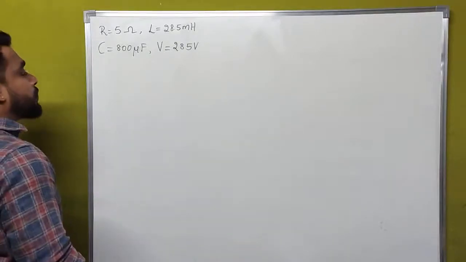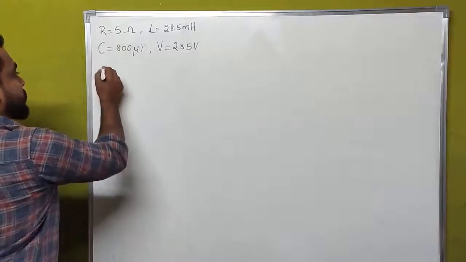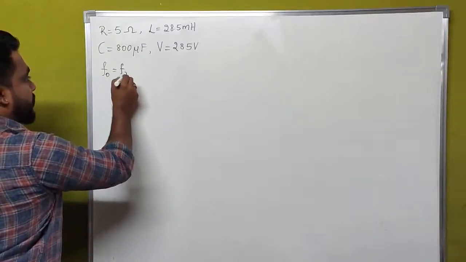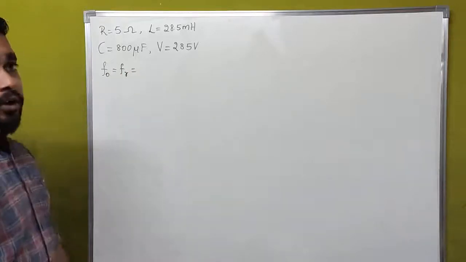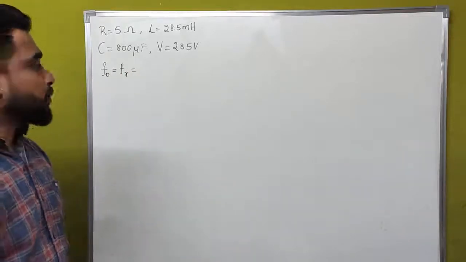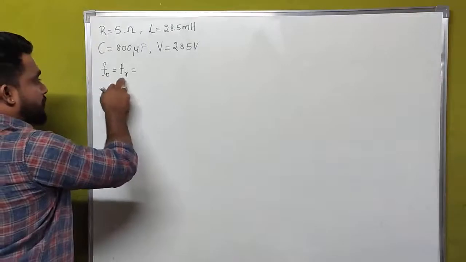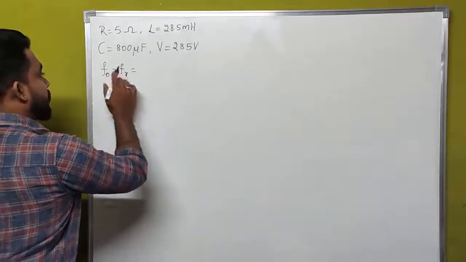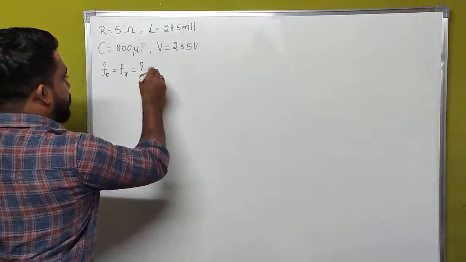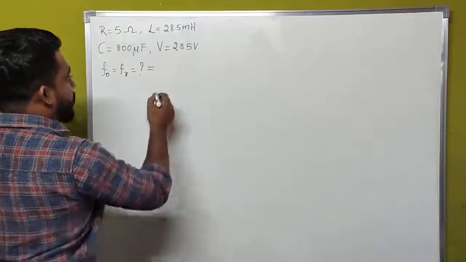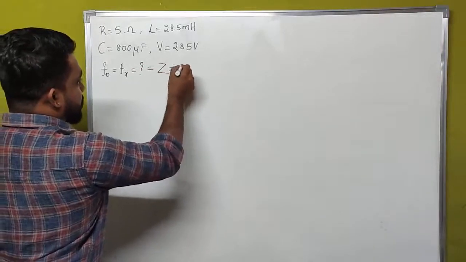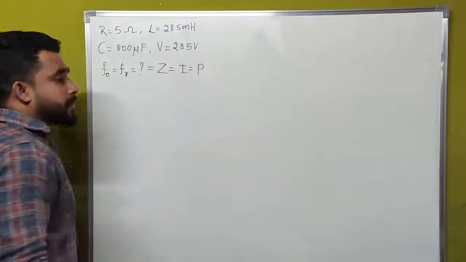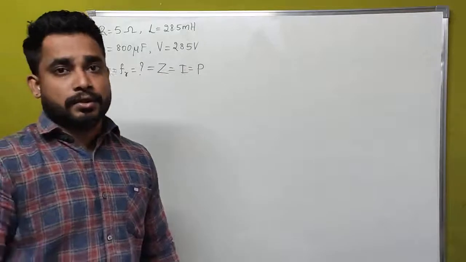And what we have to find out is the resonant frequency, that is F0, or you may write this as Fr. Resonant frequency we have to find out, and with that we have to find out impedance, current and power dissipated in the resonance concept.